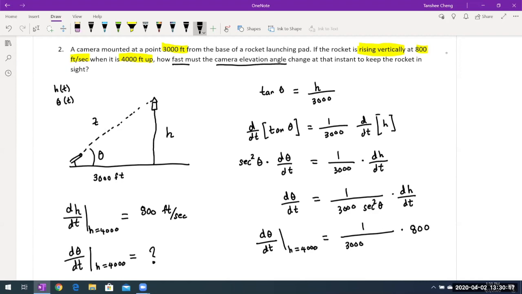To find secant squared θ, whenever we have a missing value along the way, we can always go back to the left-hand side column and find or manipulate something that we need. So now I can look at this picture this way.